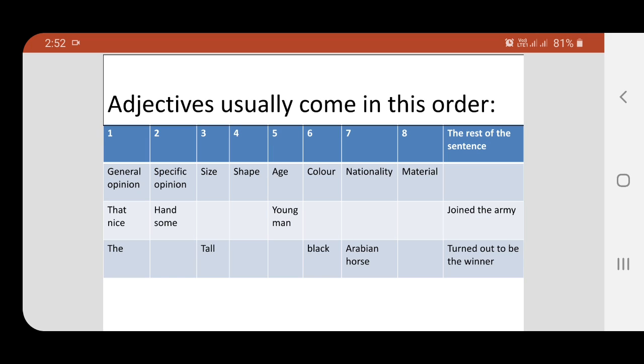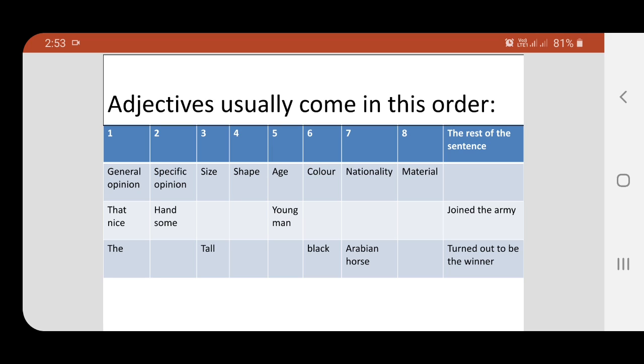That handsome young man joined the army. That handsome, tall, young man turned out to be the winner. That is another sentence. So you can make a few sentences by following the order.